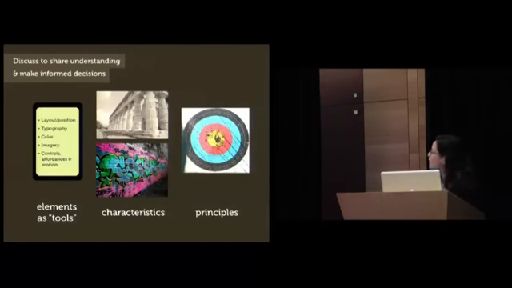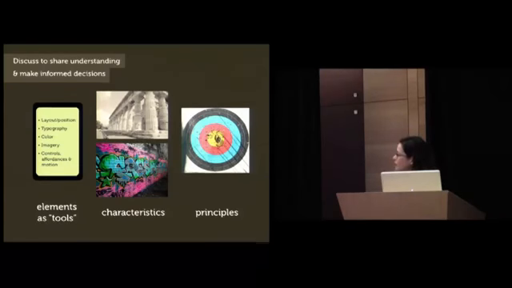Okay, so how do we pull all this together? The elements and their characteristics are how consistency, hierarchy, and personality get conveyed. So I've got target here because those are the principles that we're shooting for. That doesn't mean we always want to be consistent, but we always want to be consistent within the goals that we're trying to achieve.